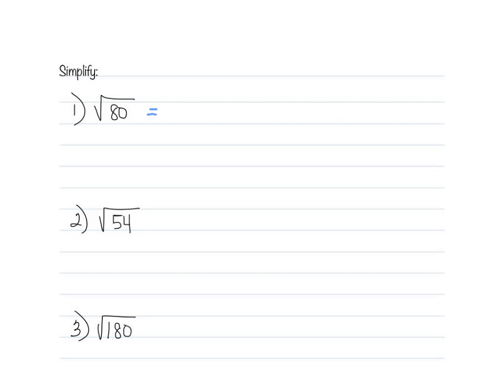So here we go. If you need to make a factor tree, you can do that off to the side. So two numbers that multiply together to get 80. I guess you can say 4 times 20 is 80.